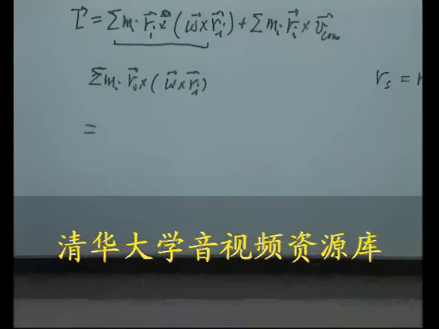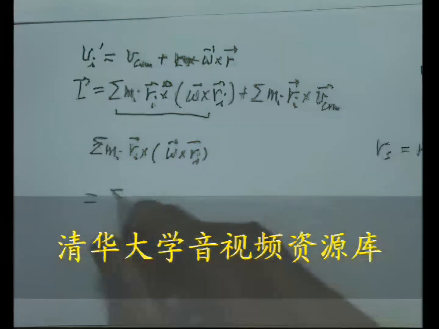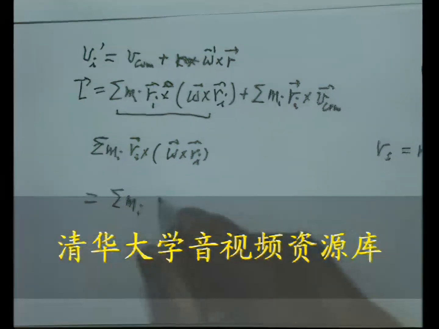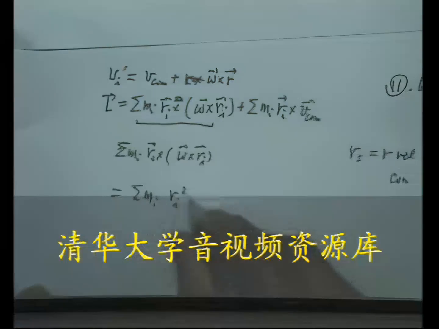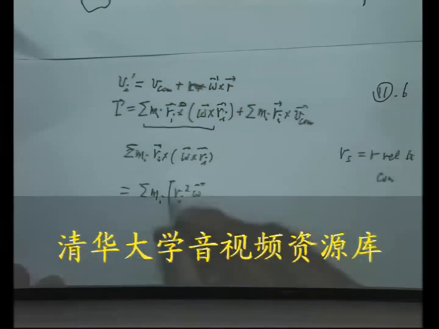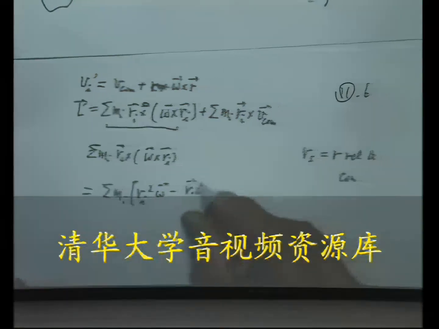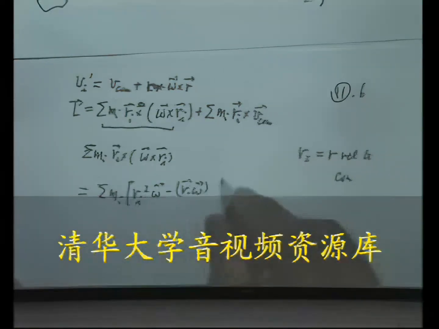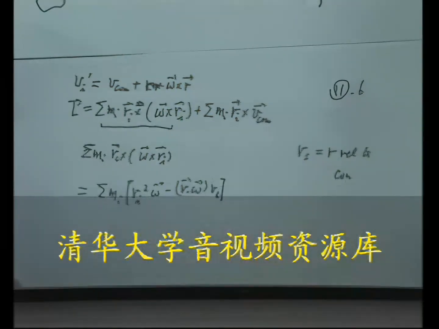By a formula that we have discussed, that is equal to Ri squared omega minus R dot omega R. That's A cross B cross C equal to this.